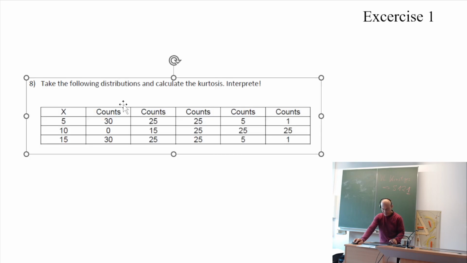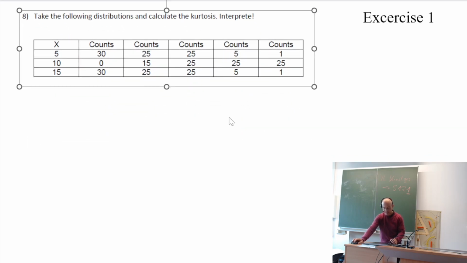So if you look at a distribution like this, so again, as in example number 6 on the exercise, x can be the number 5, 10, and 15. And in the first distribution, we have 30 times the number 5, 0 times the number 10, and 30 times the number 15. Okay?